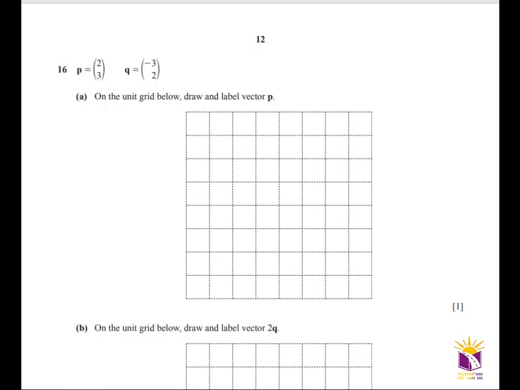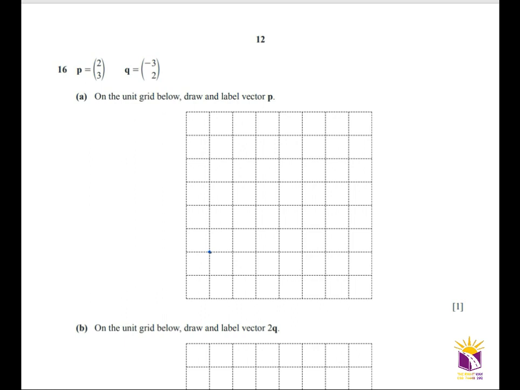Question 16. P is a vector with 2, 3 and Q is a vector minus 3, 2. On the unit grid below, draw and label vector P. On the x-axis it is 2 and on the y-axis it is 3. Let's suppose from here our vector is going to start.